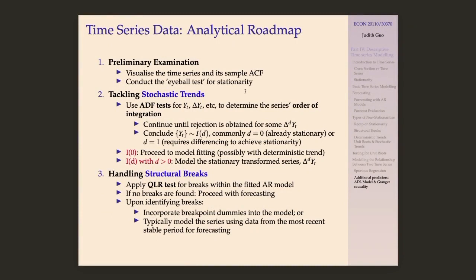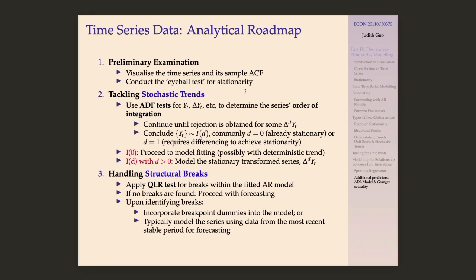Any firm conclusion has to be associated with hypothesis testing. So if we identify there might be some trends in the time plots, then the next step is we use the ADF test for the level or the first difference to determine the series order of integration, or equivalently we want to determine how many unit roots or how many stochastic trends yt has.